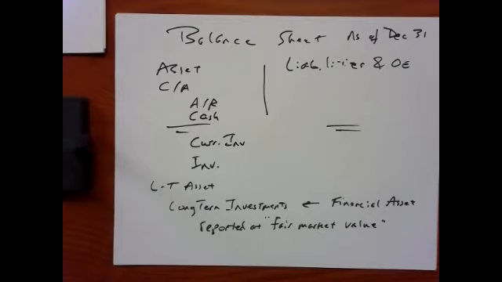Whatever the fair market value of the portfolio of investments was on December 31st, that's the value that gets reported on the balance sheet. If the stock market takes a 50% crash on January 3rd, it doesn't matter. You still report the December 31st value, right?